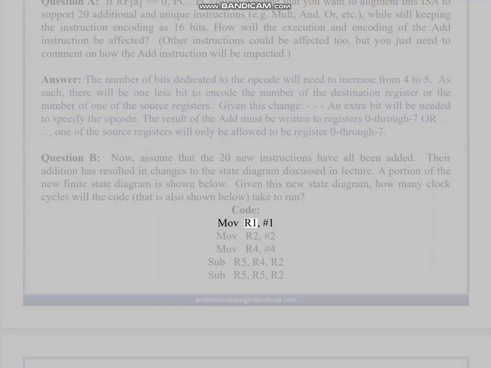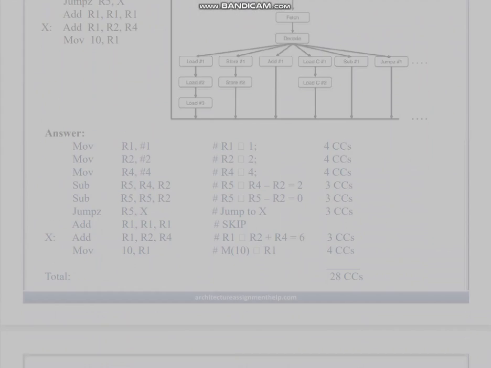Code: MOV R1, #1; MOV R2, #2; MOV R4, #4; sub R5, R4, R2; sub R5, R5, R2; jumps R5, X; add R1, R1, R1; X: add R1, R2, R4; MOV 10, R1.